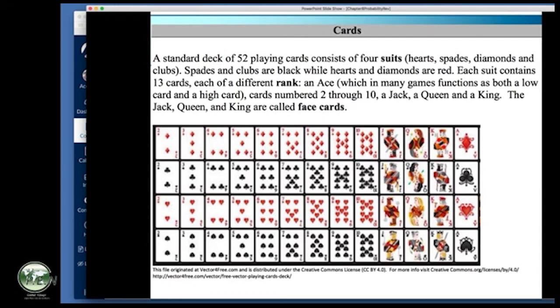So here, I just show you a picture of a deck of cards. 52 cards. There's two suits that are red, the diamonds and the hearts. There's two suits that are black, the clubs and the spades. And they have things called face cards, which are the ones that have a picture on them. So a jack, queen, and king are what's considered face cards.